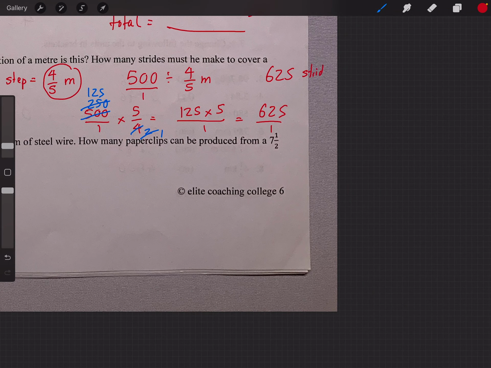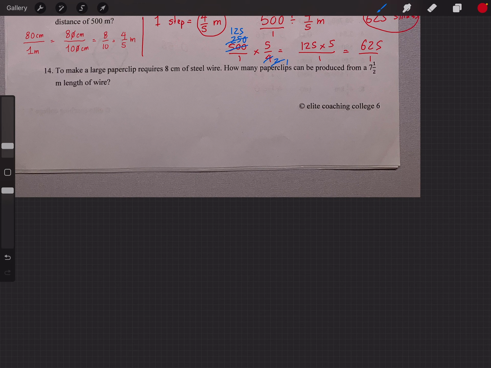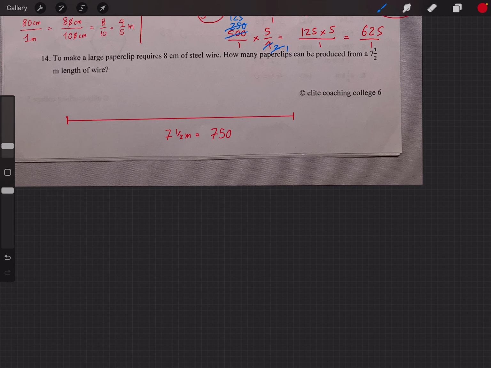Question 14. To make a large paperclip requires 8 centimeters of steel. How many paperclips can be produced from 7.5 meters of length of wire? So if you have a length of wire which is 7.5 meters, you could say that is the same as 750 centimeters.